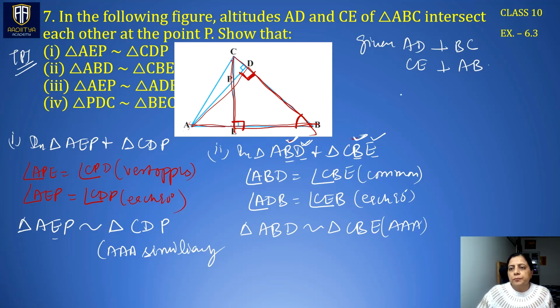Right? So now for the third part, triangle AEP. See, AEP is similar to triangle ADB. Now look for these things.